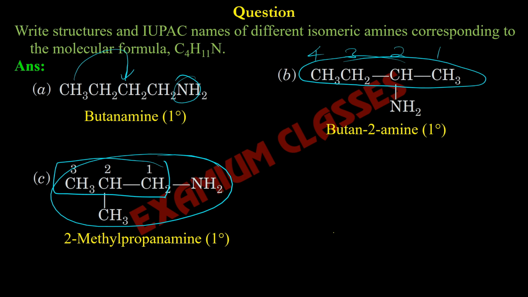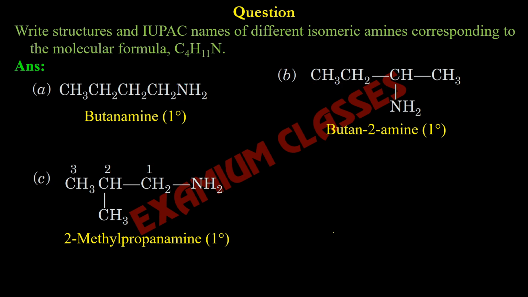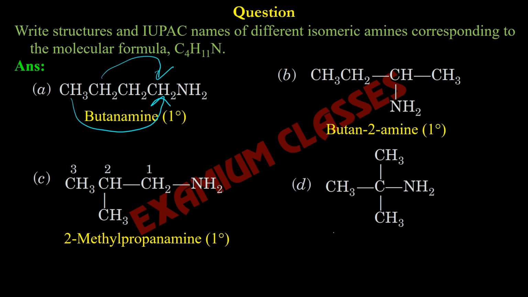That's a good idea. Now, is there any other possibility? Yes, there is another possibility. Okay, the possibility is you move this carbon here and this carbon here. In that case, it will look like this. So in this case, if you see what is the longest chain and where the NH2 and CH3 are connected.